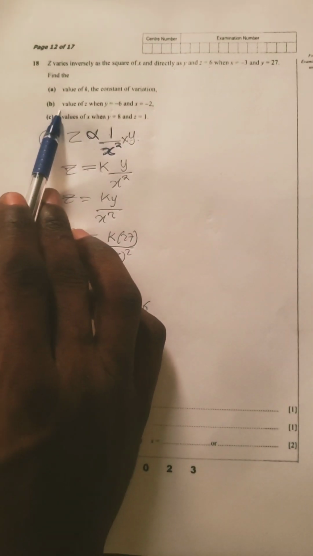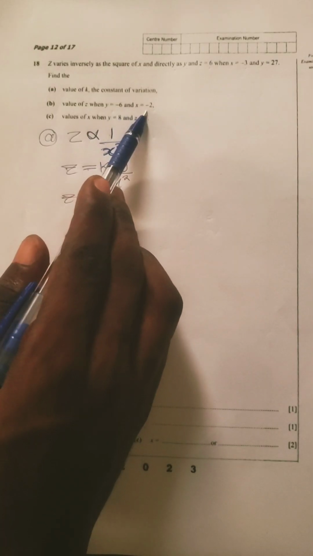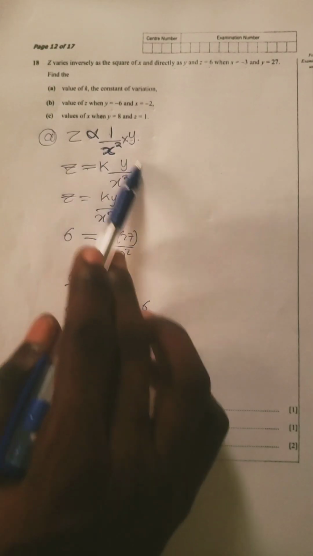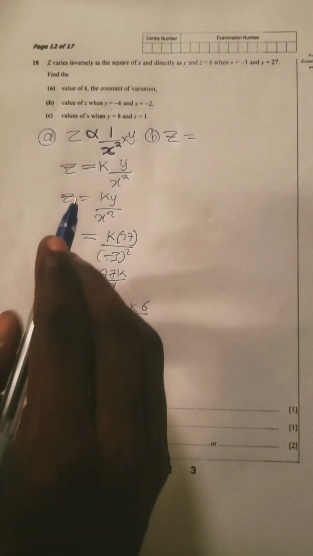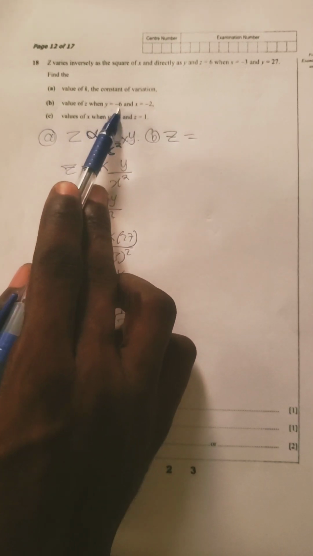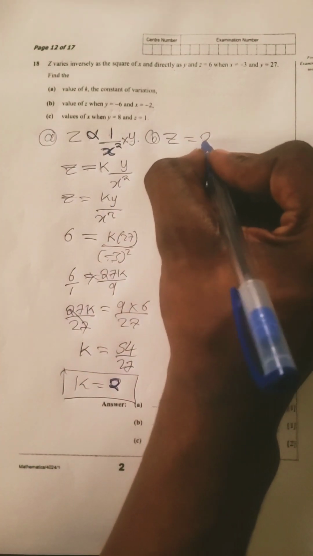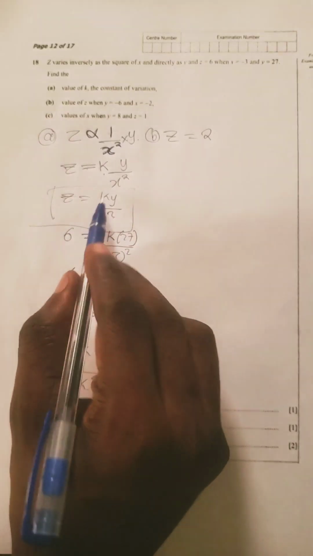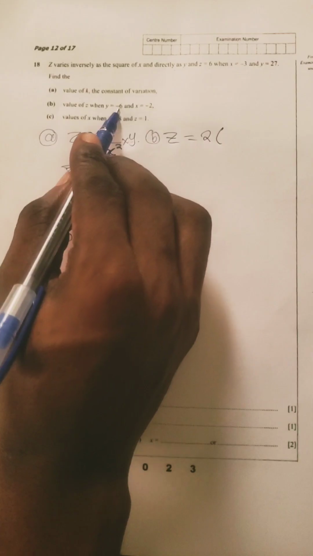Then B says, find the value of z when y is equal to this and x is equal to this. So we'll still get back to this equation. We are looking for z. So for B, z is equal to, it says when y is equal to negative 6. So here our k is 2. Then our y, they are saying, is negative 6.